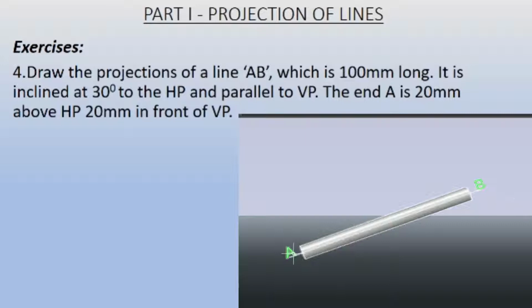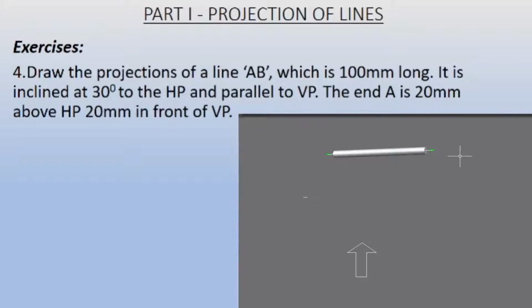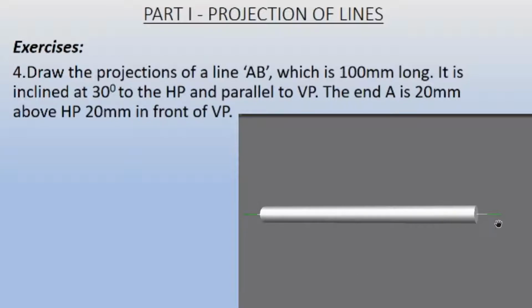When we view from the front, there will be a straight inclined line which will make an angle of 30 degree with the horizontal. This angle will be 30 degree in your drawing sheet. And if I view this same from the top, you see that there will be only a straight line. The end A is here and the end B is here, and we'll do the same in the drawing sheet.